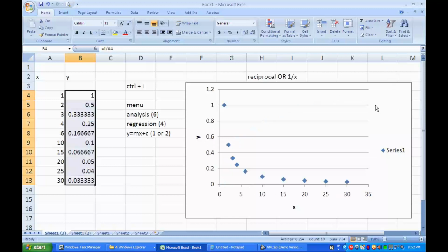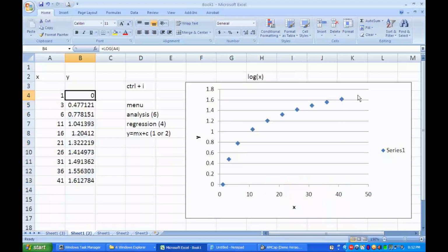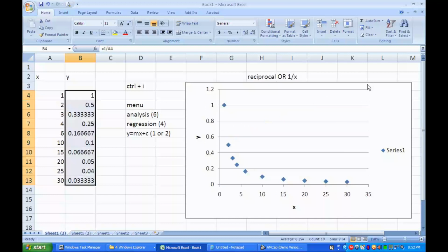Now, a 1 over x relationship, sorry, a reciprocal, can look similar to a log. However, with a reciprocal, in this case, these values will never go below 0. They'll get very close, but they will never quite get there.